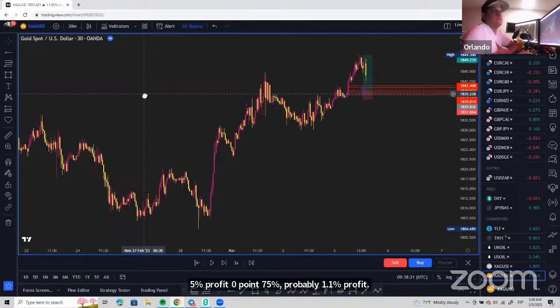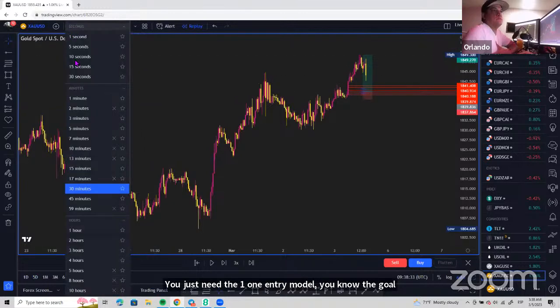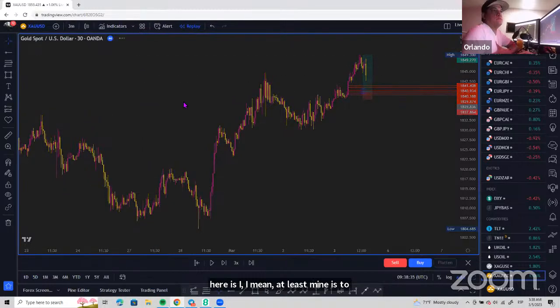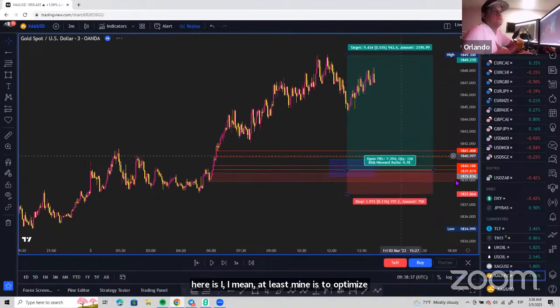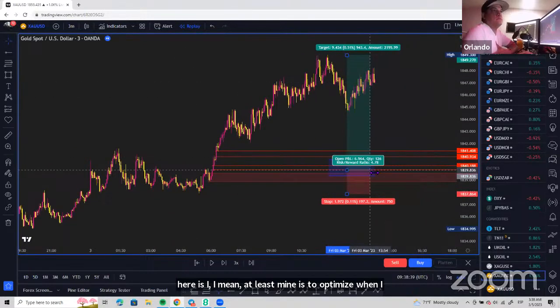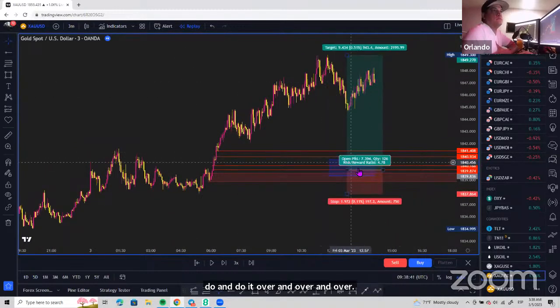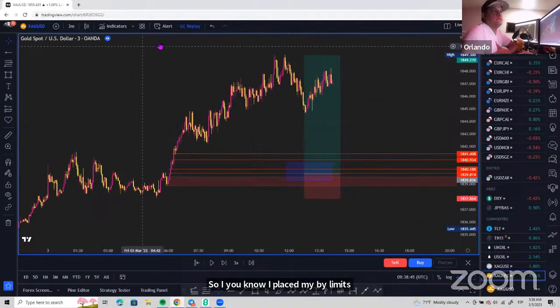And you only need one entry model. The goal here, at least mine, is to optimize what I do and do it over and over and over. So I placed my buy limits here, and this is what happened.